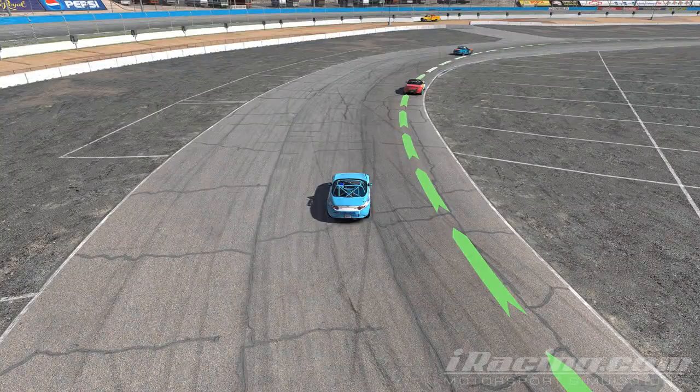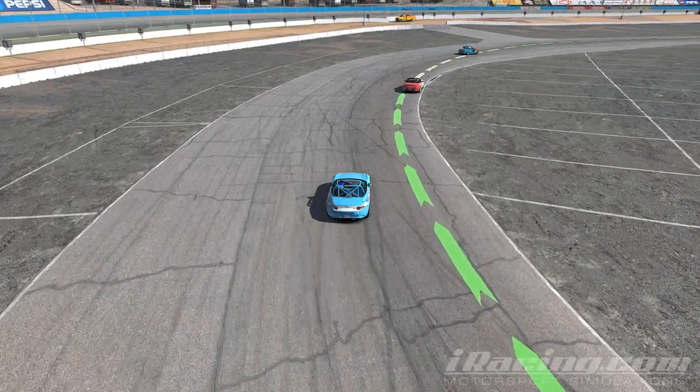Okay, we'll play this one through at full speed, then break it down.